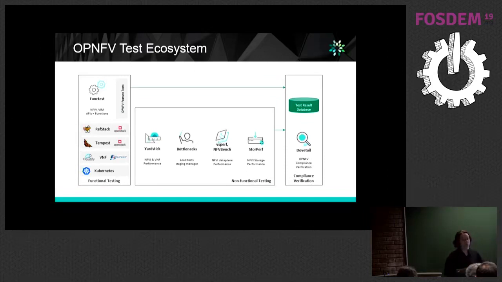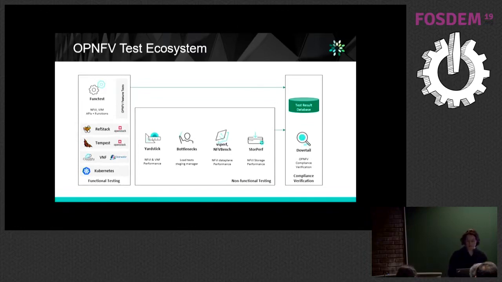And one use case for these is actually in the OPNFV compliance and verification program, known as Dovetail, which consumes tests from all of these components and lets you run this test suite against your deployment to know whether or not you actually meet the requirements to run certain NFV workloads.